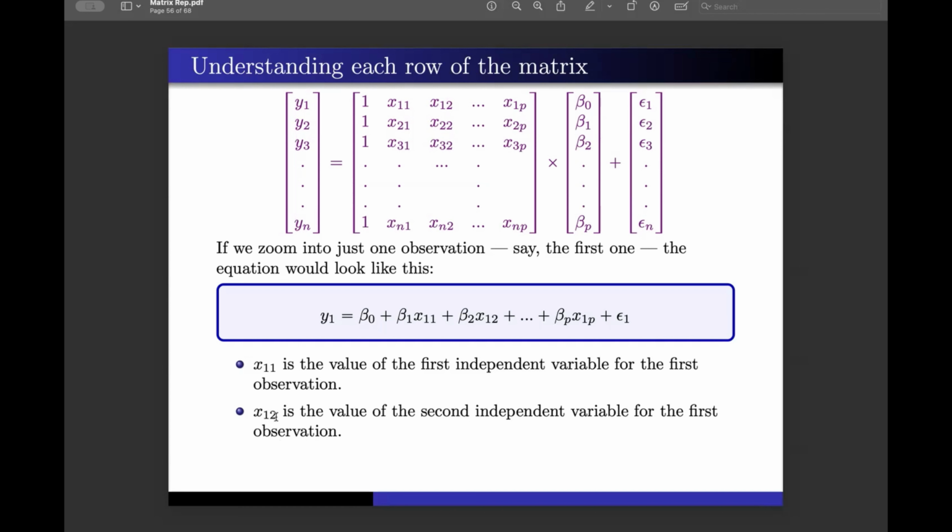So x12 is basically the value of the second independent variable for the first observation, because rows correspond to the observation. Now if we look at x1p, 1 corresponds to the row, p corresponds to the predictor. Therefore, x1p is the value of the pth independent variable for the first observation.